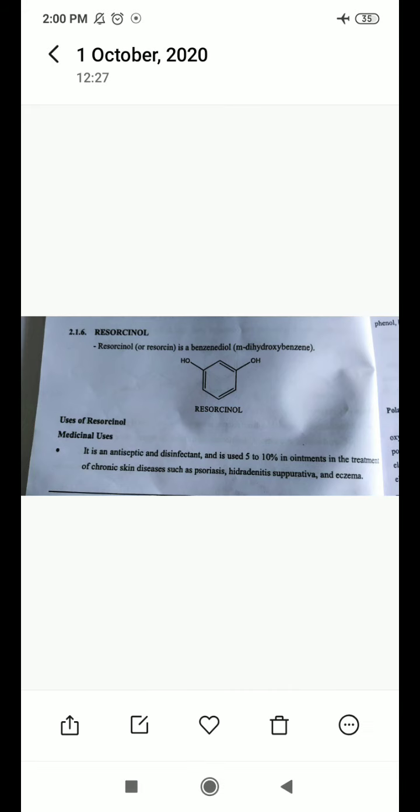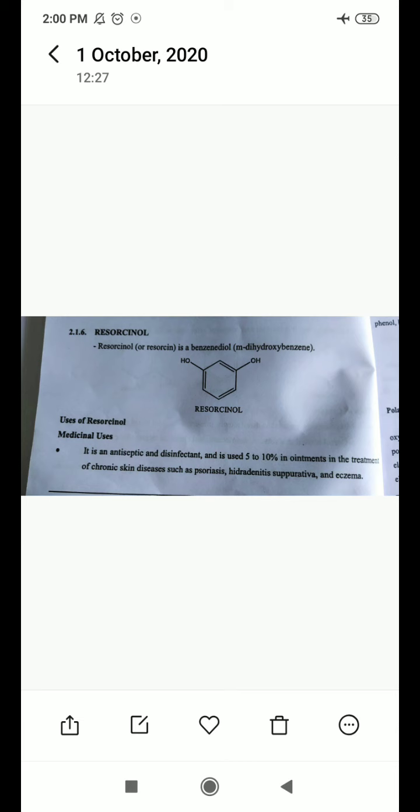So what are the medicinal uses? It is an antiseptic and disinfectant and is used at 5 to 10% in ointments. What is the main role, the main category of this drug? Antiseptic and disinfectant. I know you might be aware of this terminology.